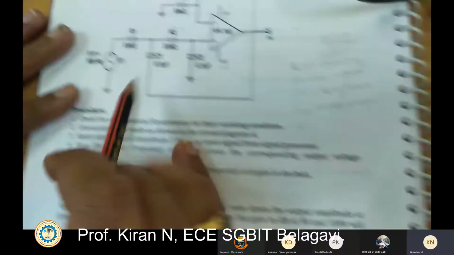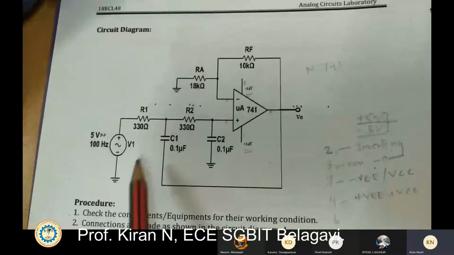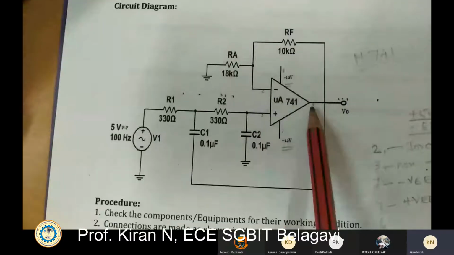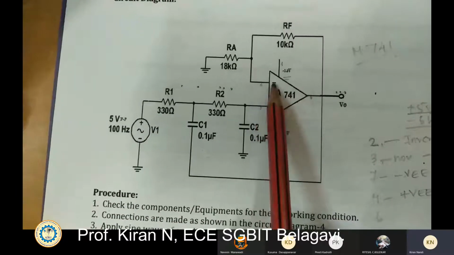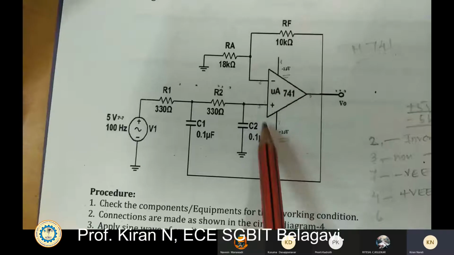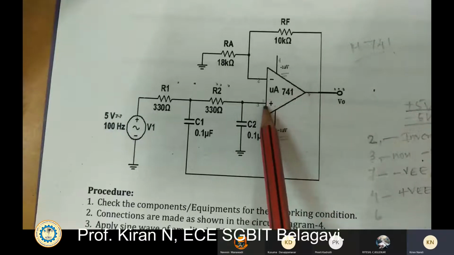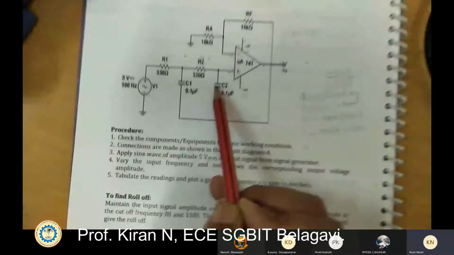Now you can see here the circuit diagram. I hope it is visible. This is the 741 IC. Pin number 2 is the inverting terminal, and pin number 3 is the non-inverting terminal. The non-inverting terminal is identified by a plus symbol, and the inverting terminal by a negative symbol.